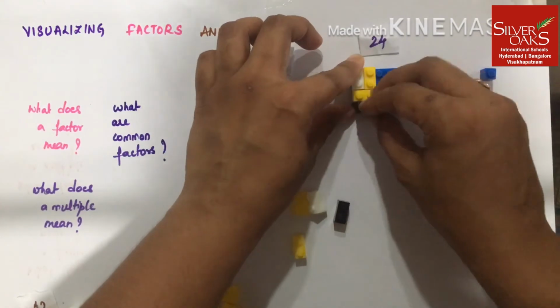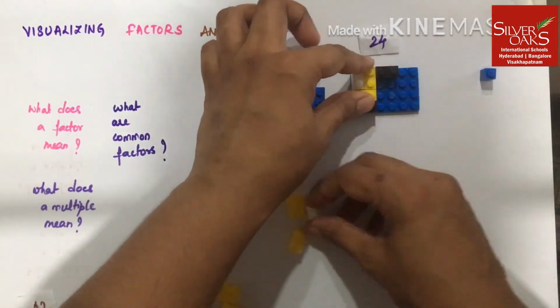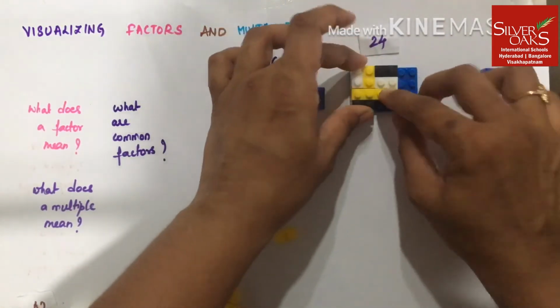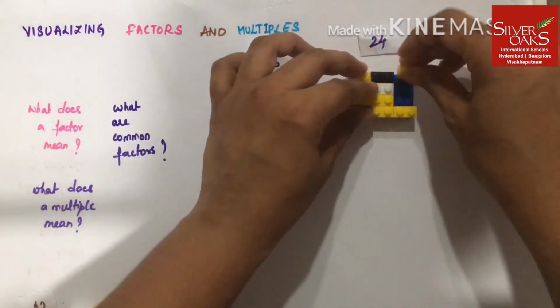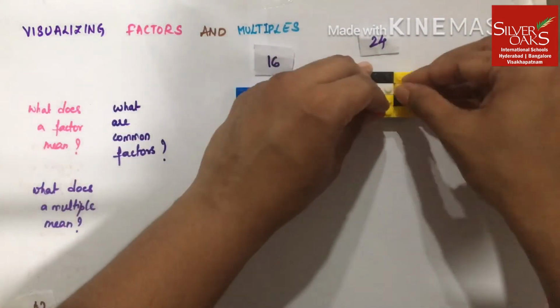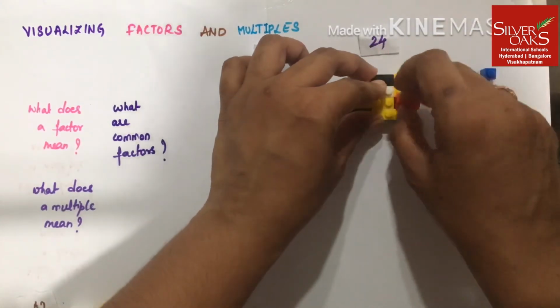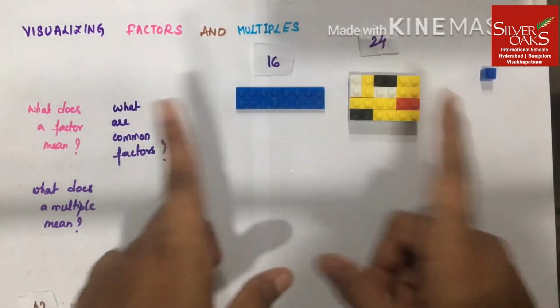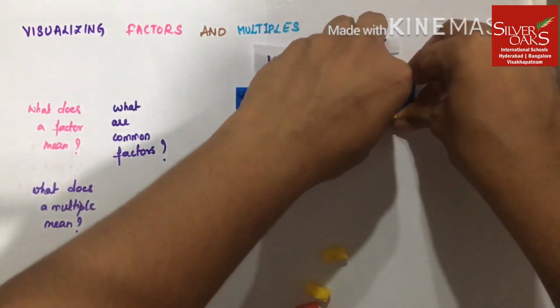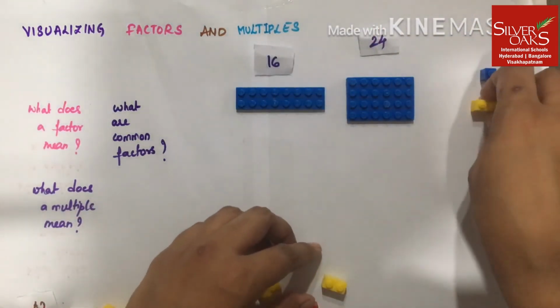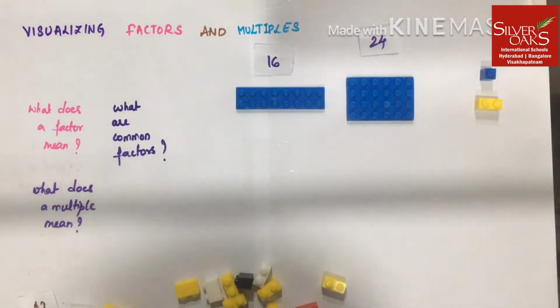Keep it this way now. As you can see, it is also able to fill my 24. It was able to fill your 16. It was able to fill your 24. You can say 2 is also a common factor.